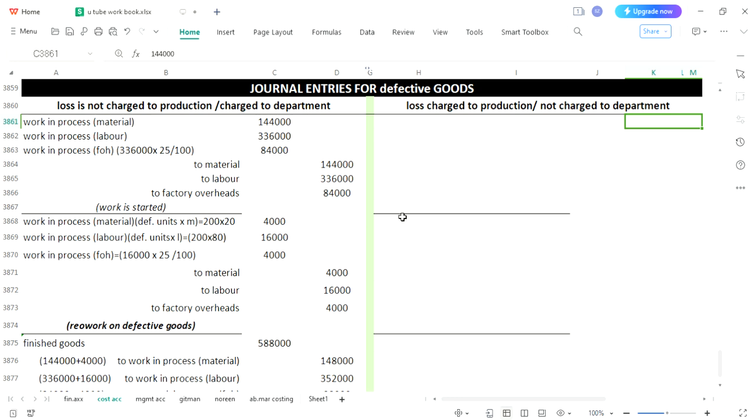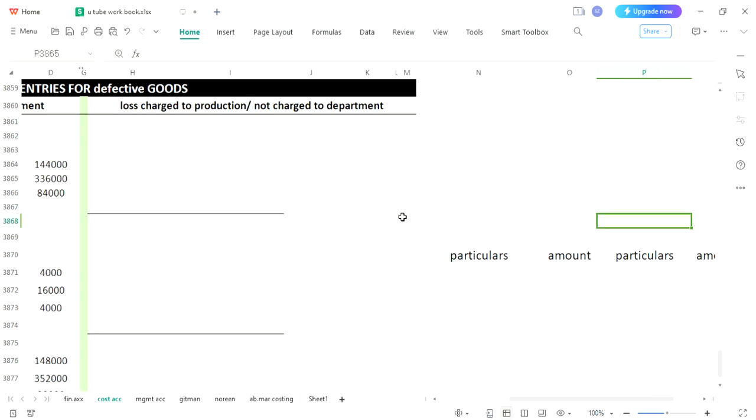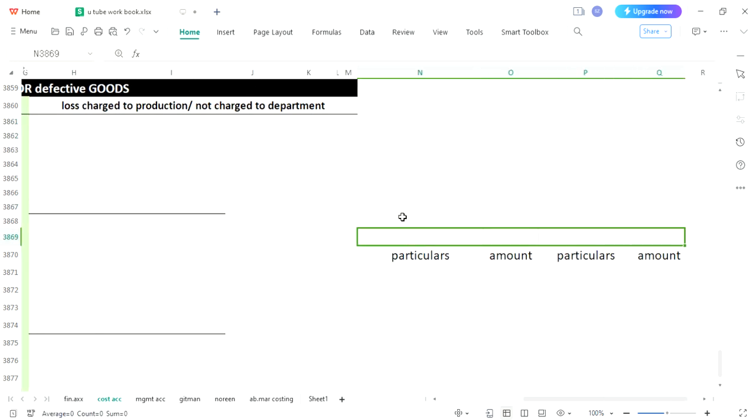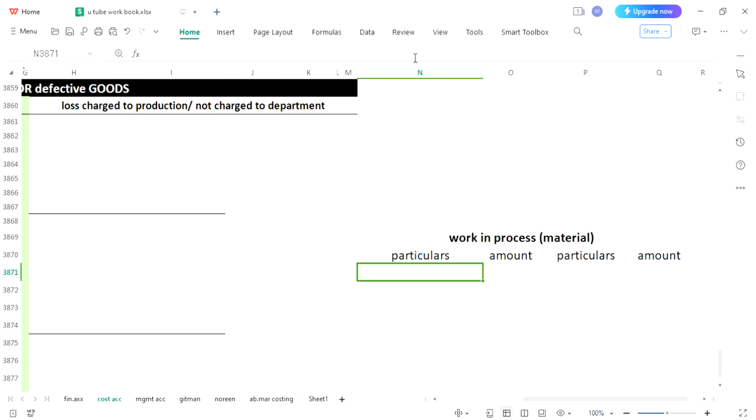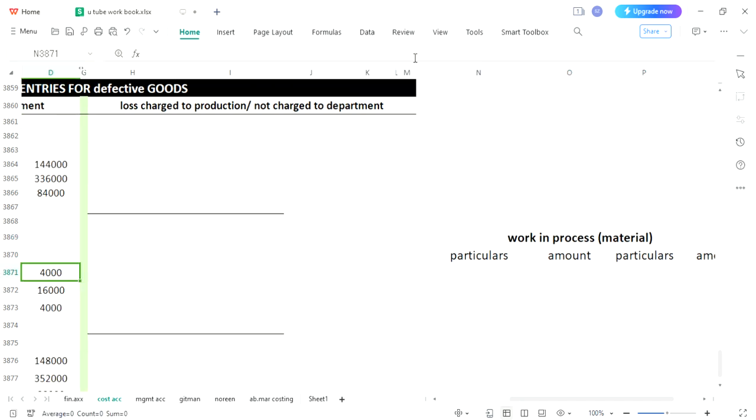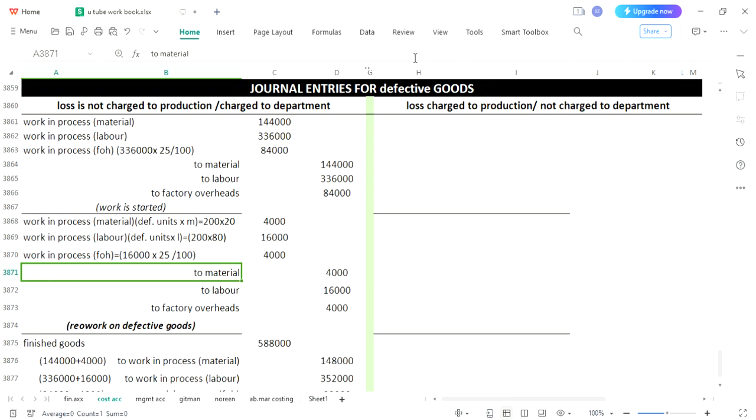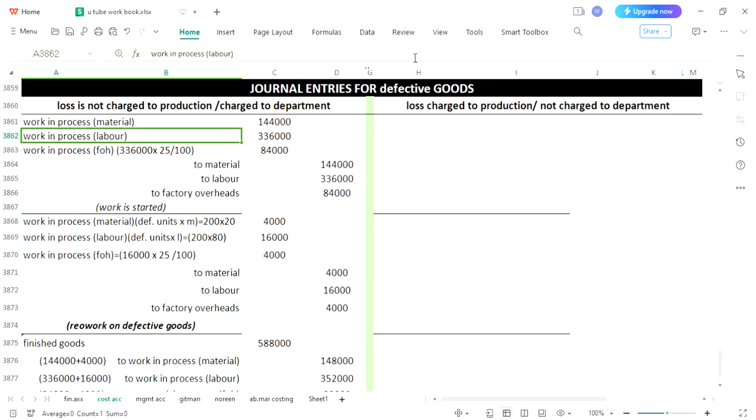So come over here and we will give it the heading work in process material ledger. And we will see if work in process material is present on the debit side, we will put the amount on the debit side. If work in process material is present on the credit side, we will put the amount on the credit side.